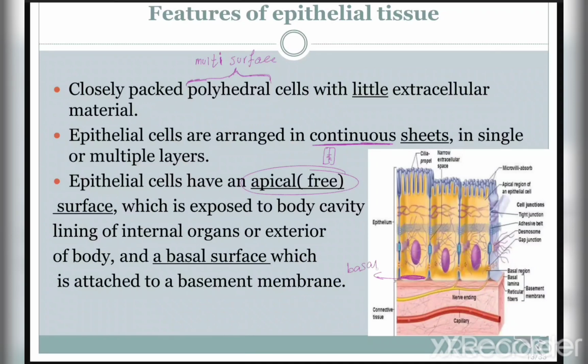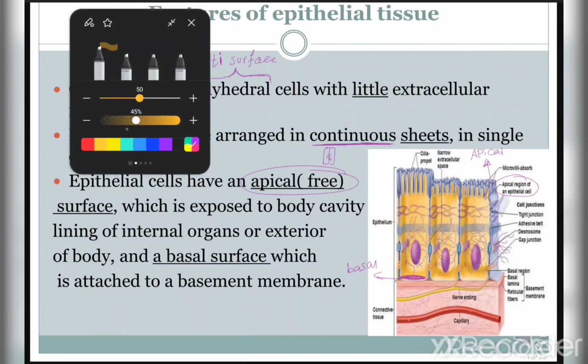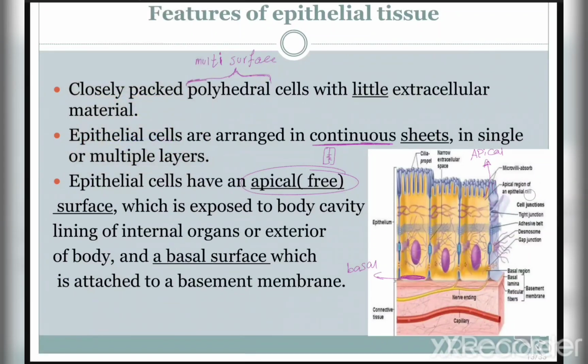The apical surface may have a modification, whether microvilli or cilia, and a basal part which is sitting directly on the basal lamina. Beneath it is the other type of tissue, which is the connective tissue. So the feature of polarity: apical surface, basal surface, and we have lateral surfaces.